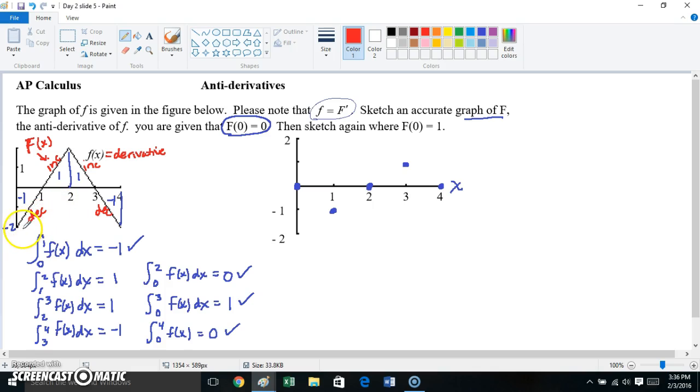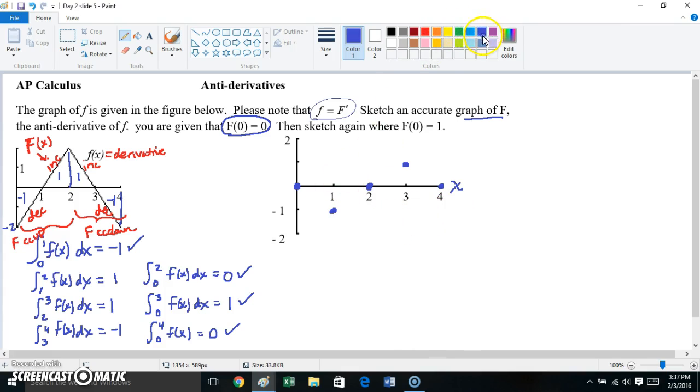We also know that because the derivative has a positive slope from 0 to 2, that f is concave up on this interval, and from 2 to 4, since little f has a negative slope, we know that the function capital F is concave down.